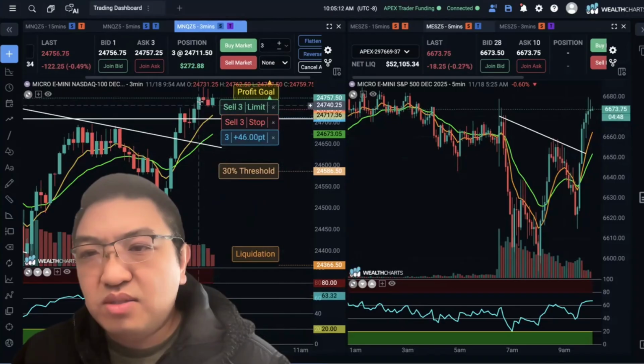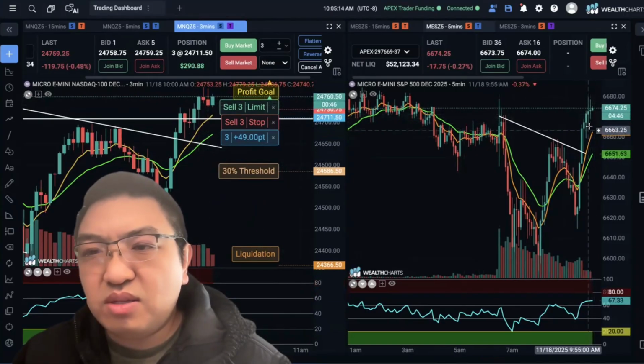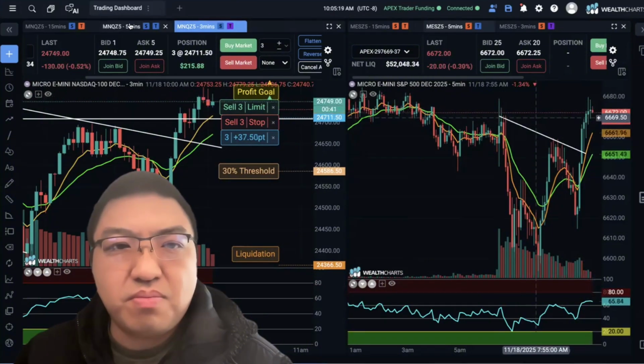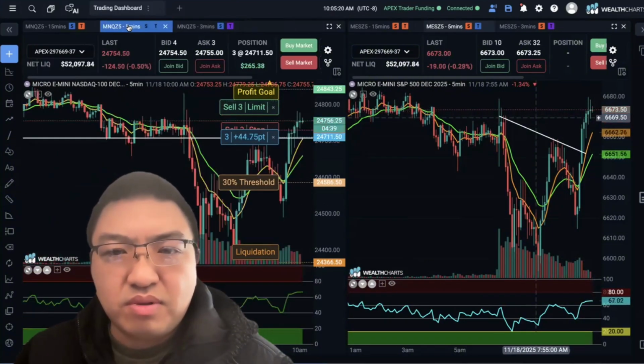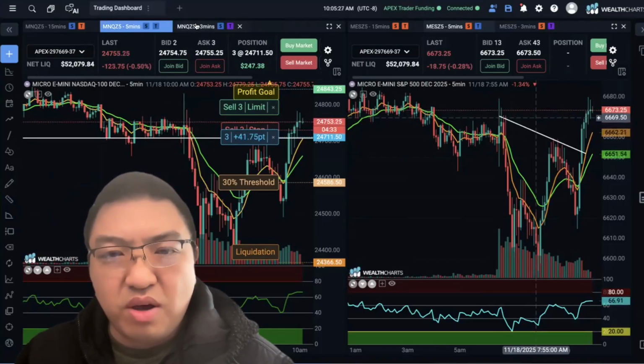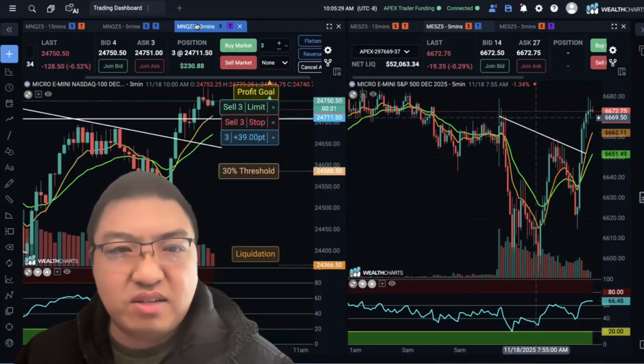See the 5-minute chart? It's something like a triangle. Right here is still a triangle. But it's a little bit far away from EMA 9. Oh my God, that's not good.